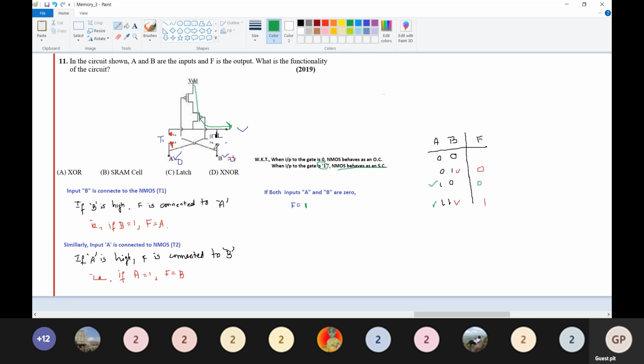Both are open circuit, so VDD appears at the output. So it's going to be 1. This truth table resembles an XNOR. Your option is D.